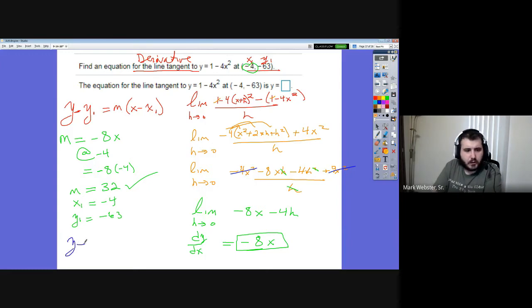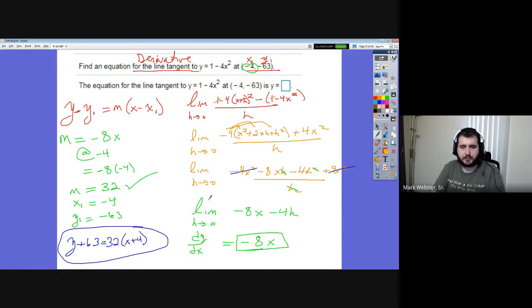Y minus y1 equals m times x minus x1. Ta-da! Problem complete. So, to review, step 1, find your derivative, because that represents your slope anywhere. So take the limit of the difference quotient as h goes to 0, get everything simplified and do your algebra, cancel.